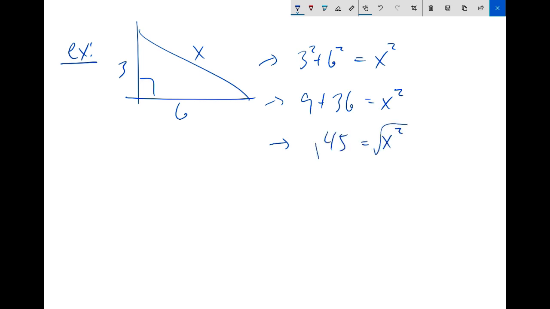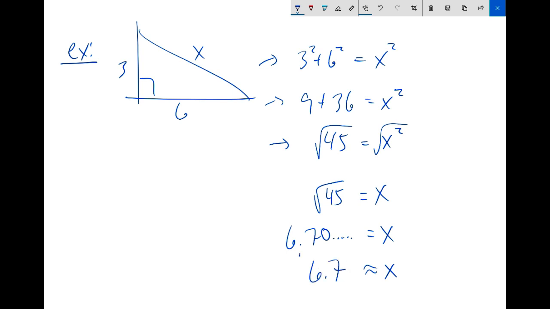But what happens when you take the square root of 45? This is why we covered square roots earlier in the quarter and talked about approximating them. You plug it in your calculator, and it gives you a decimal. It's going to be 6 point something, and then you would just have to round it.